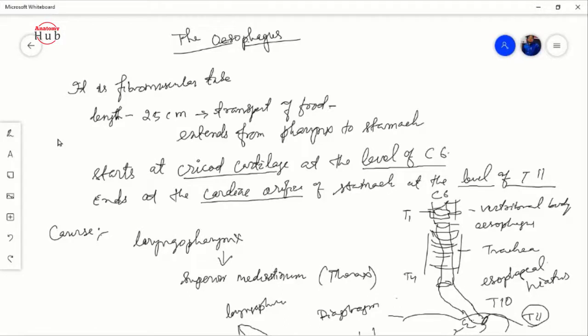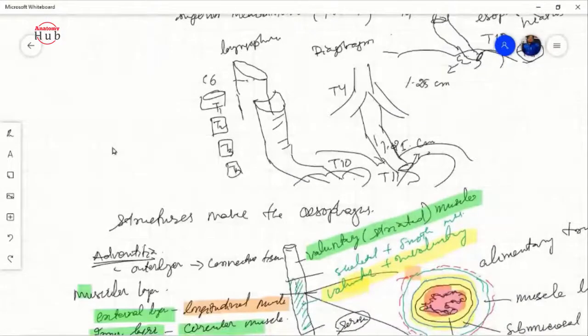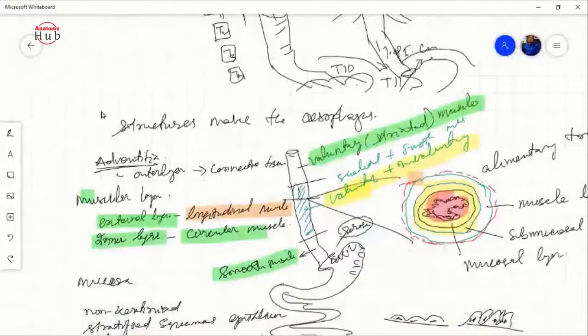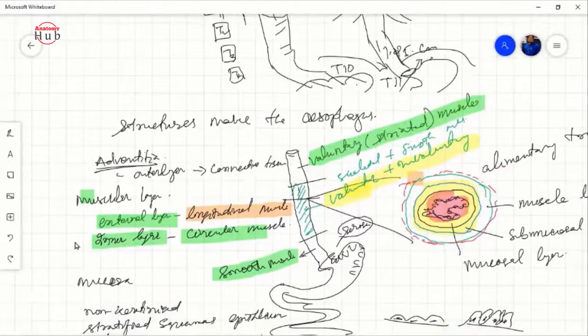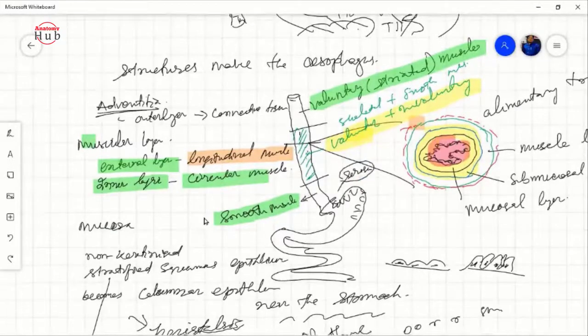Okay, so yesterday we have seen the introduction of the esophagus, the parts of the esophagus and the length, the sphincters and the layers: the mucosal layer, the submucosal layer, and the muscular layer, and how the muscular layers are different from the upper part to the lower part and how these muscles are arranged.